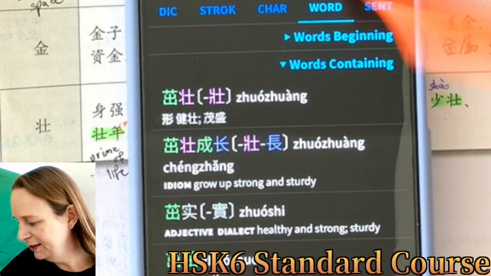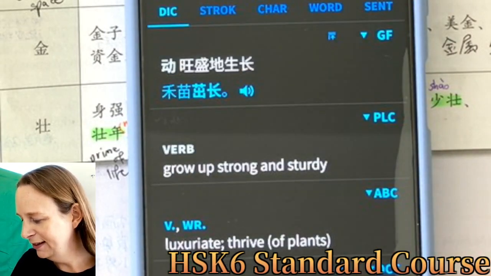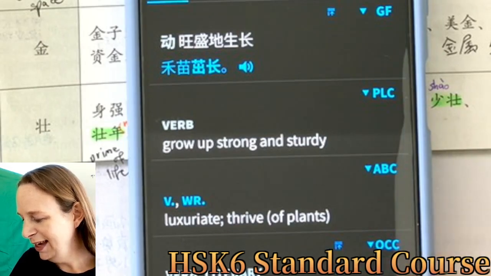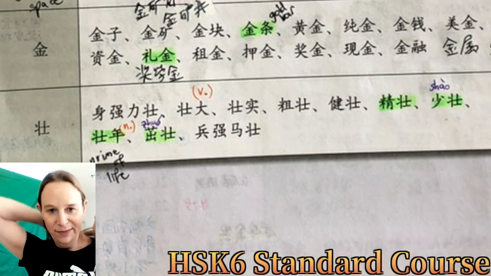茁壮成长. So this is the main one, and this seems to be the other word, 茁长. All right.